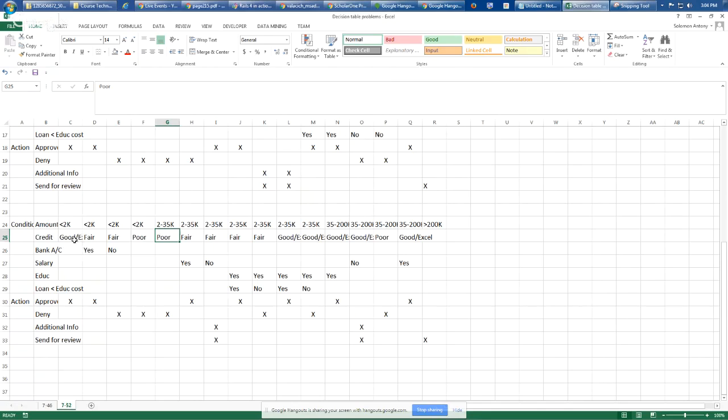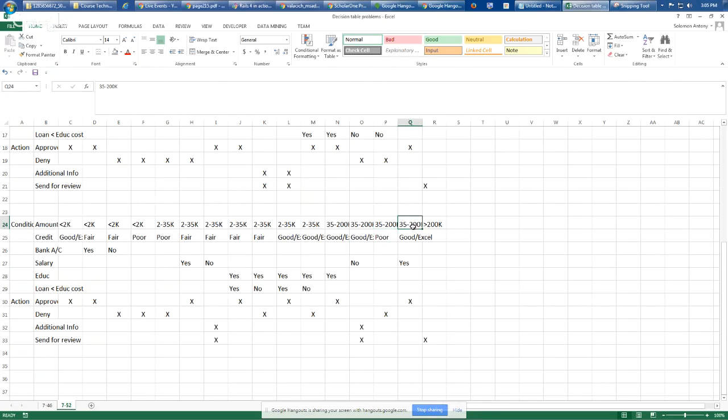Then, there are two fairs, so yes and no separate, that's good. Then 2 to 35: fair, fair, fair, fair, good, good. So 2 to 35 has only one poor. And 2 to 35: fair, fair, fair, yes, no, yes, yes. So this looks fine. And good, good. All right, 2 to 35.